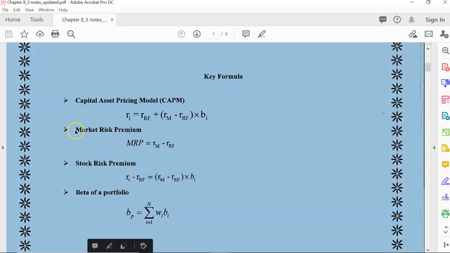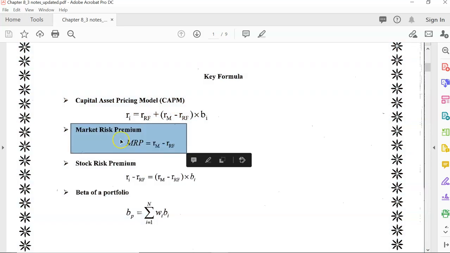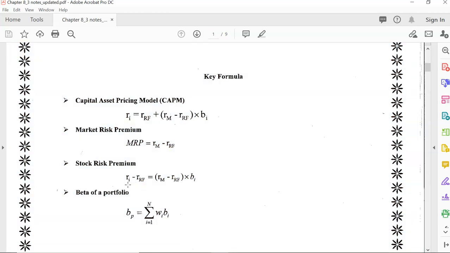We have three new concepts, including market risk premium. Again, in the capital asset pricing model, it is the stock market return minus the risk-free rate. We use MRP to stand for market risk premium. If we multiply beta by this market risk premium, we get the stock risk premium, which is RI minus RRF.